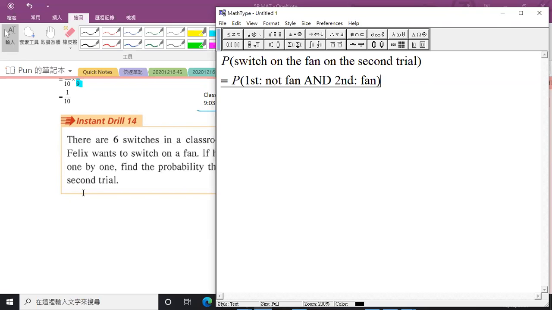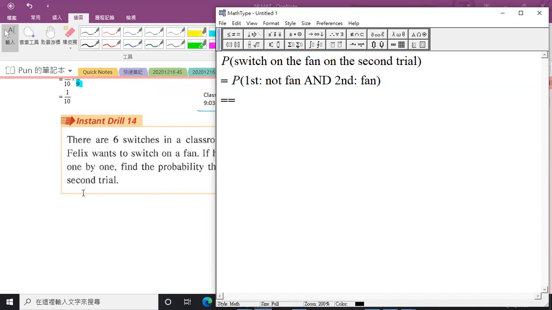Okay, if we need to consider the second, then we must consider the first trial before considering the second. So what must be the outcome of the first trial in order to have a second trial? Is that the first trial should not be a successful trial, should be an unsuccessful one, which means that the first trial should not be the fan, while the second trial being the fan.